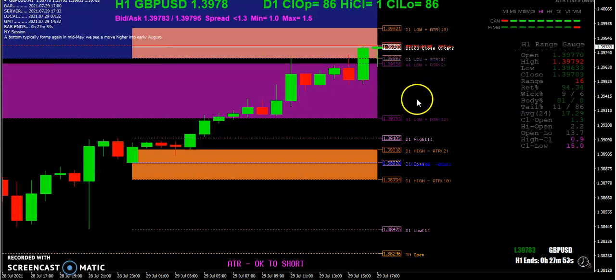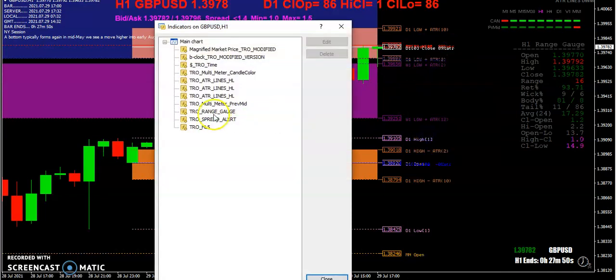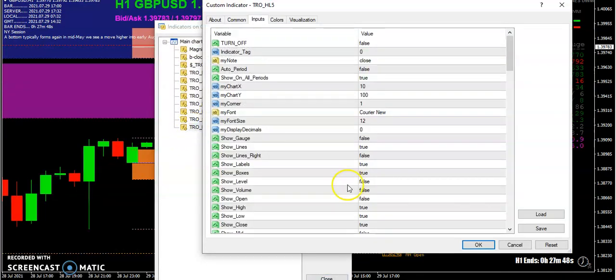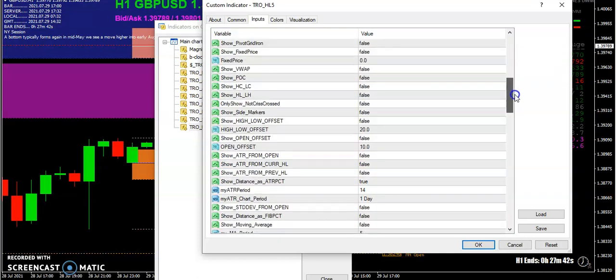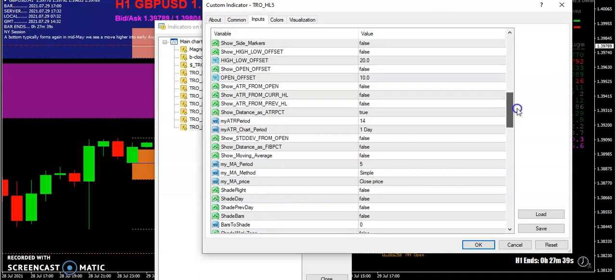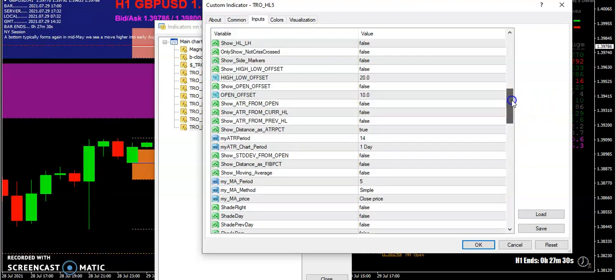So by having this set, and how you do that is you come to TRO HL5, you set show close to true, you come down to here, show distance as ATR% true. I'm using the daily, and here ATR period 14, and I'm using the daily ATR right there, 1 day.